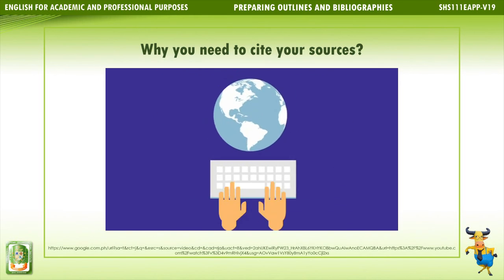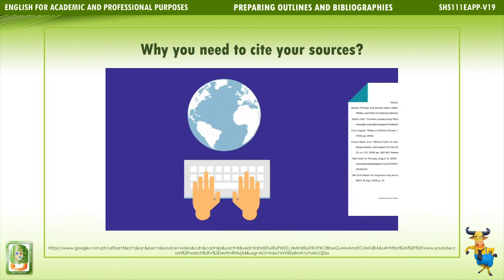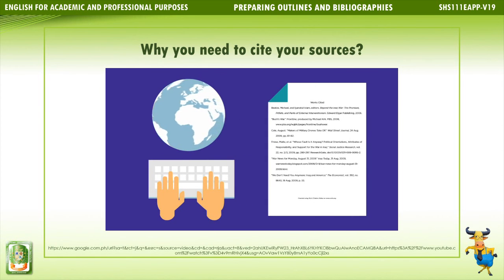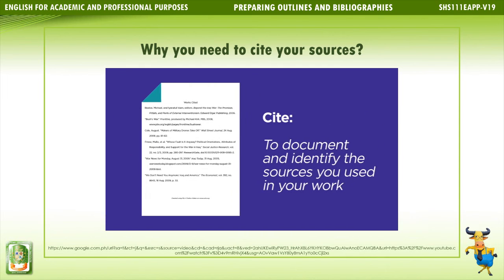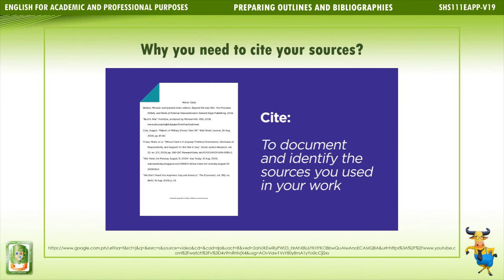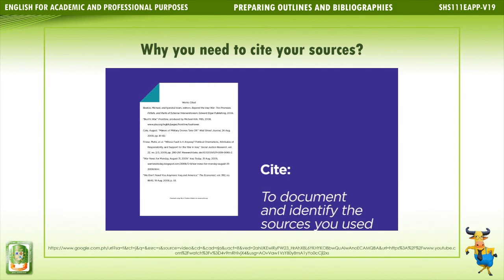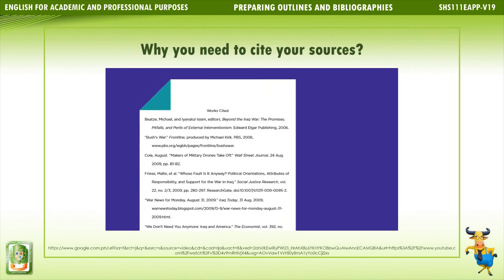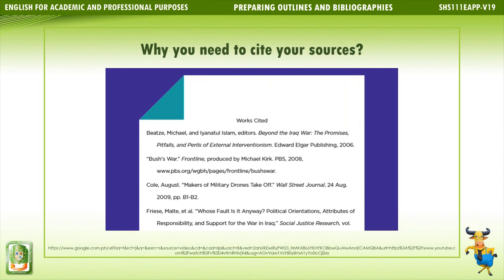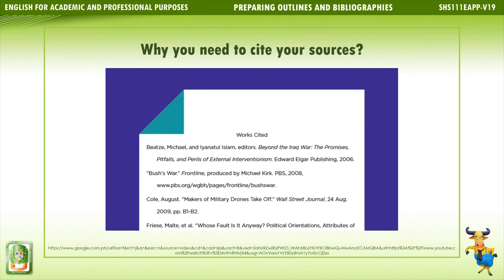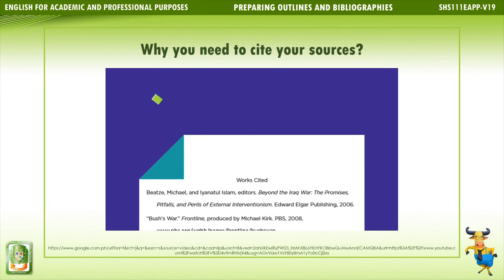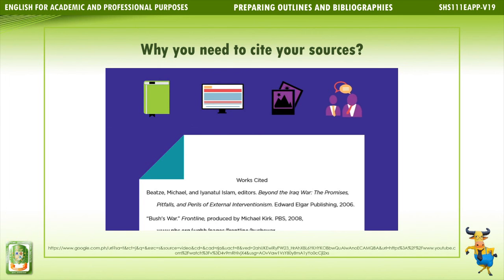When you do research for your papers and projects, you always need to cite your sources. To cite means to document and identify the sources you used in your work. You need to show where you found the information you used in your research. It does not matter what type of source it is. It can be in print or online. It can be an image or a conversation.